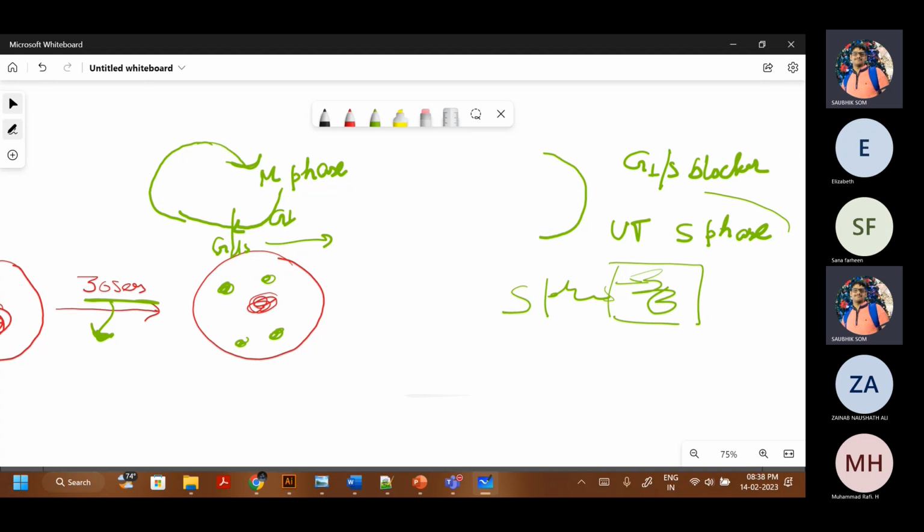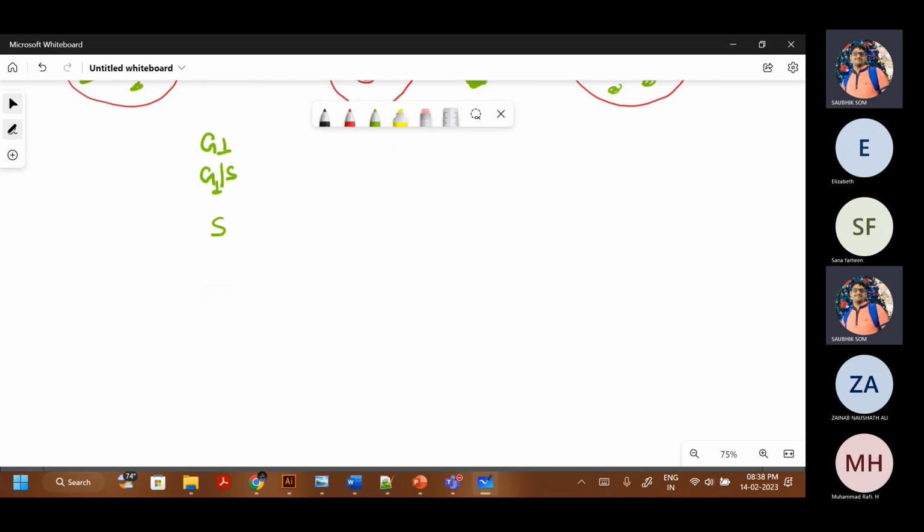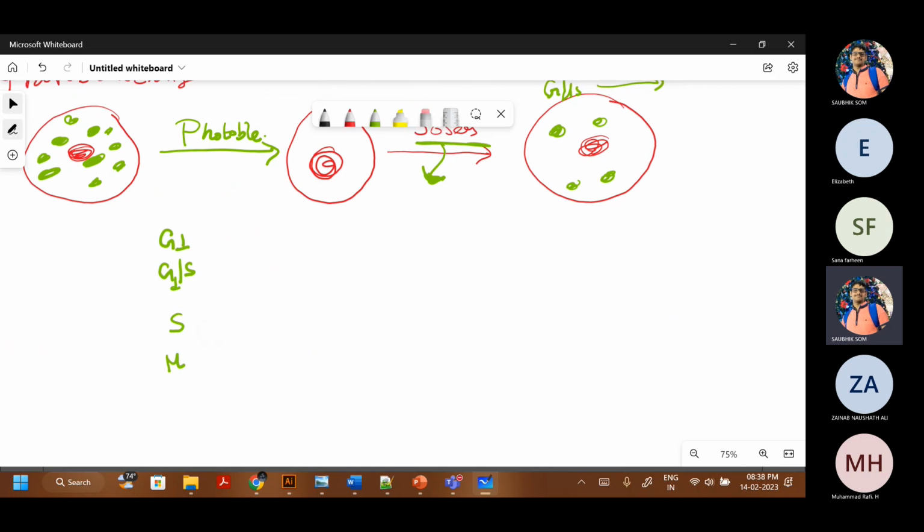So we all know there are a few cyclins: G1 cyclin, then G1/S cyclin, S cyclin, and M cyclin or G2 cyclin. I just remember it like this: cyclin D, E, A, B, D-E-A-B.